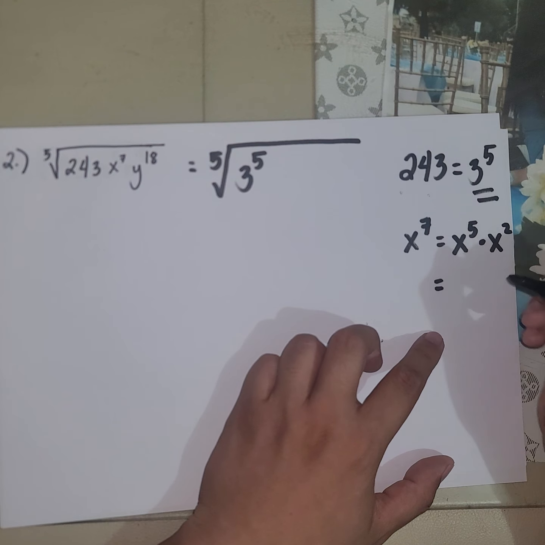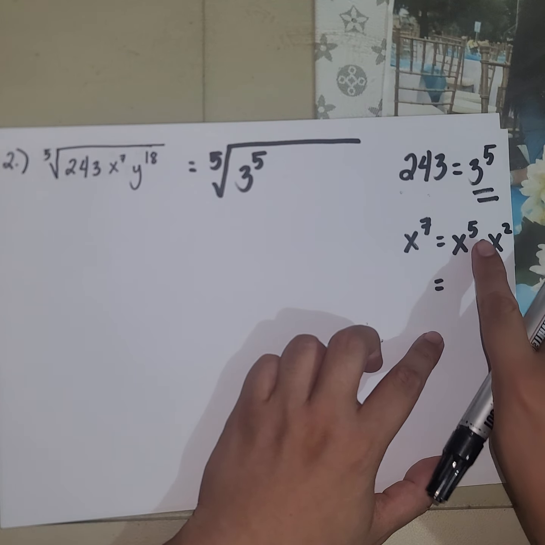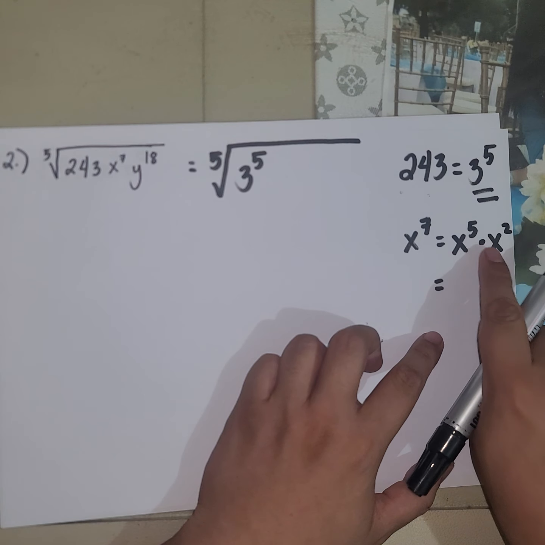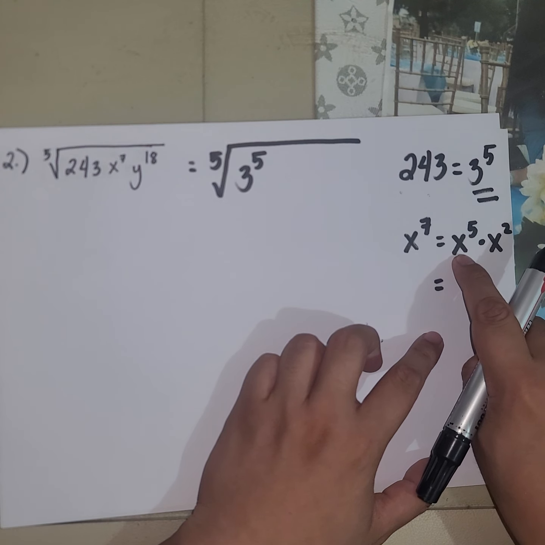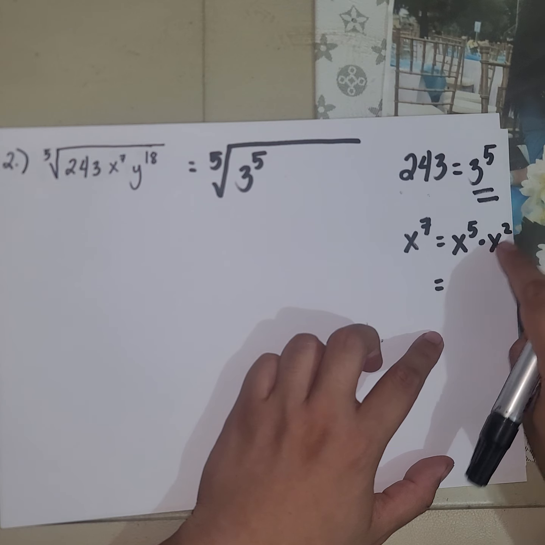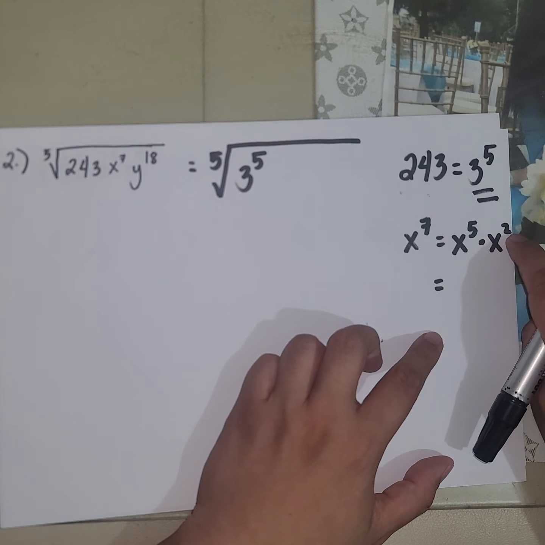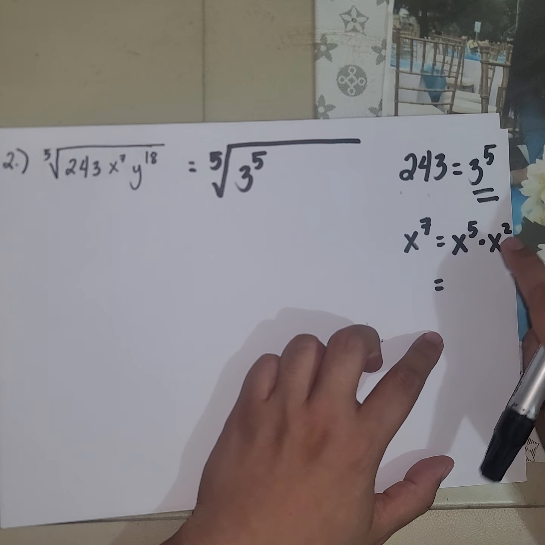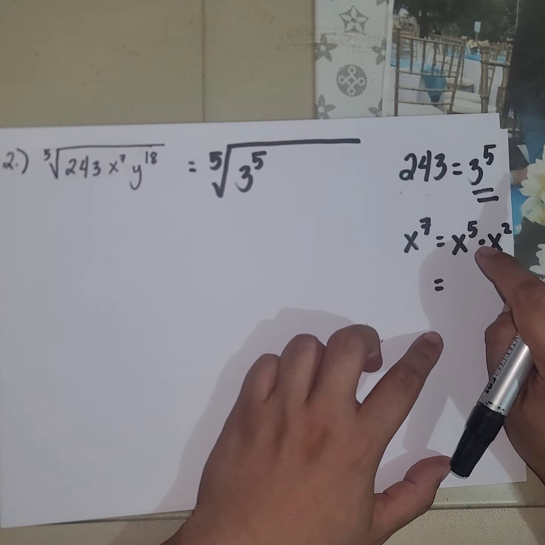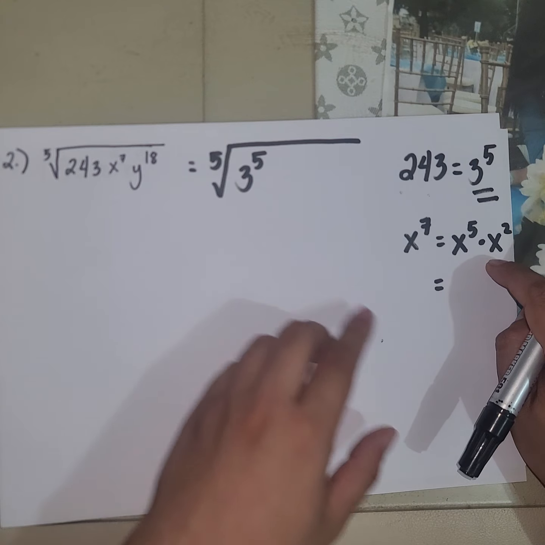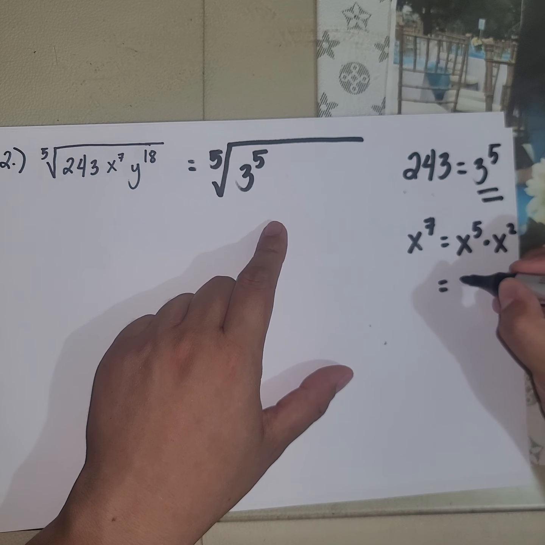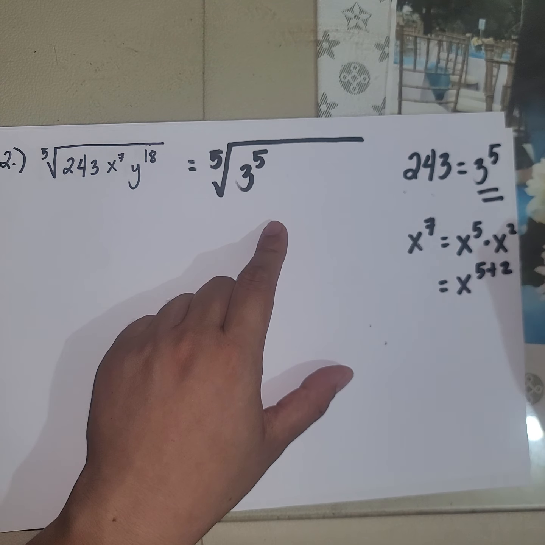Kung saan, bakit ko pinaghiwalay? Kasi, using the product rule, x raised to 5 times x raised to 2 ay equivalent kay x raised to 7. Wherein, yung 5 and 2, pag-a-add lang natin yung exponent with the same base. So, ganito lang yan. X raised to 5 plus 2.